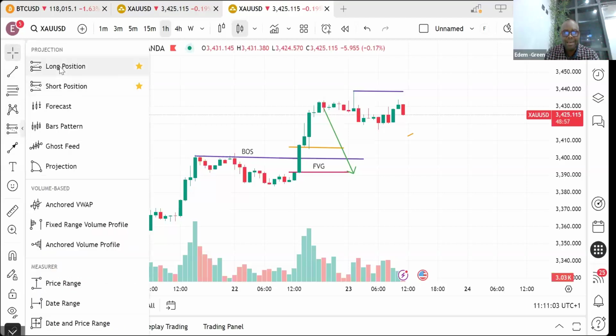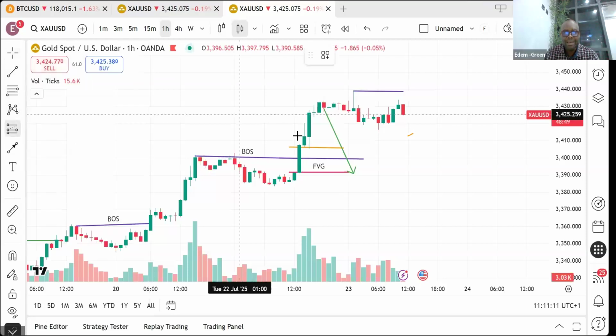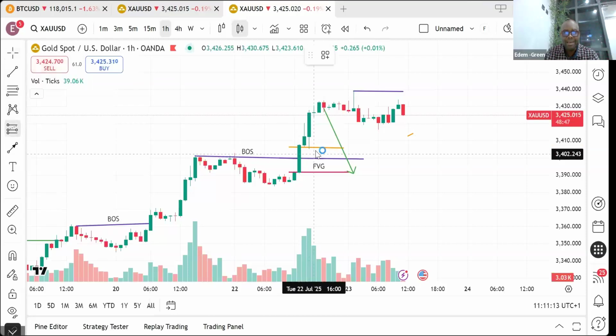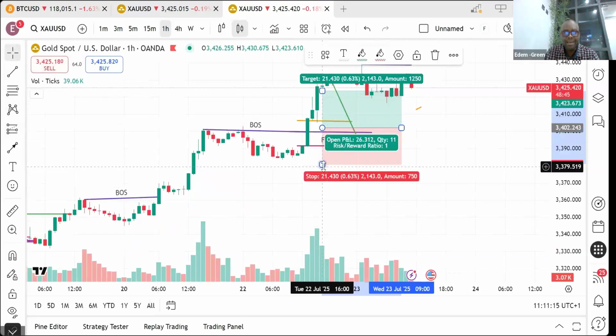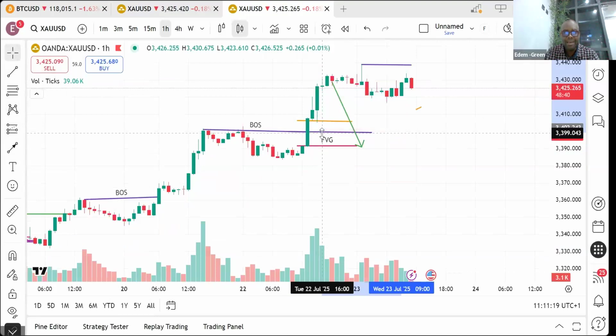You count from the first one, the second, the third, the fourth, what you use in doing every other thing that has to do with price. So you take long because you want to buy. So you come here and place it.